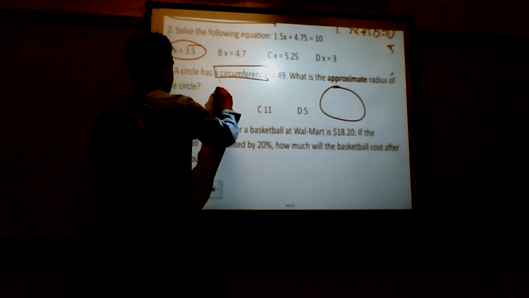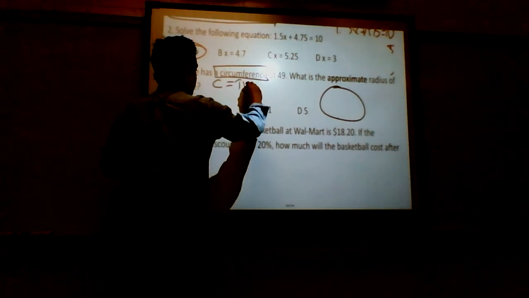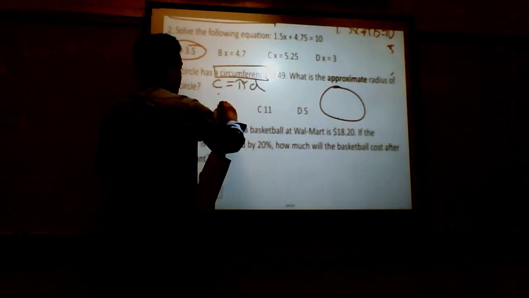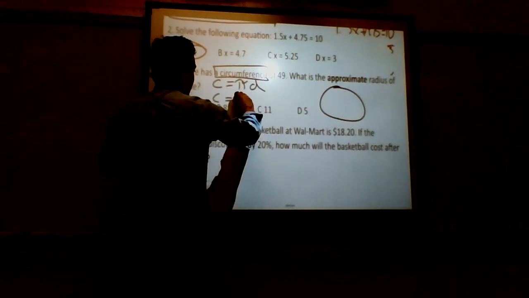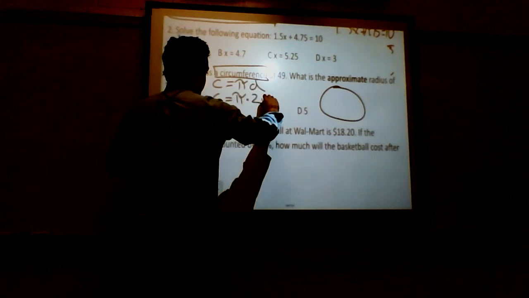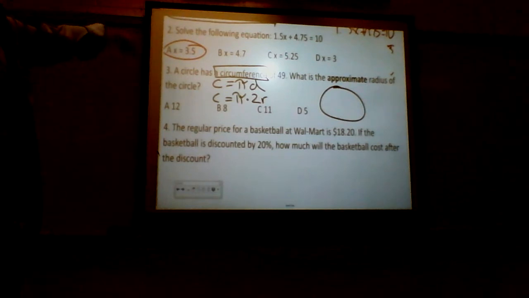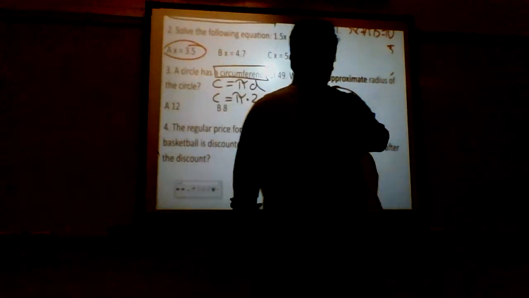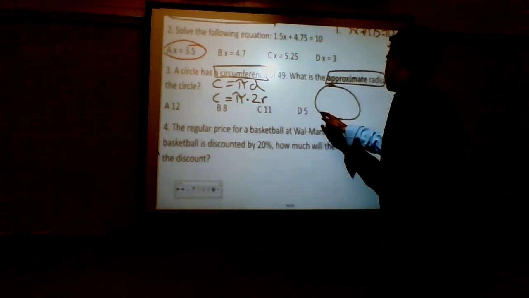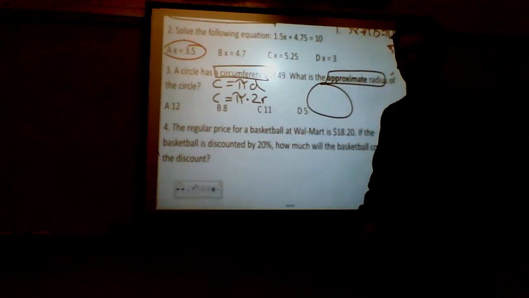You can either use circumference equals pi times diameter, or circumference equals pi times 2 radius. Same thing. In this case, we want to know what the radius is. We have some information to help us. The problem tells us that the circumference is 49.